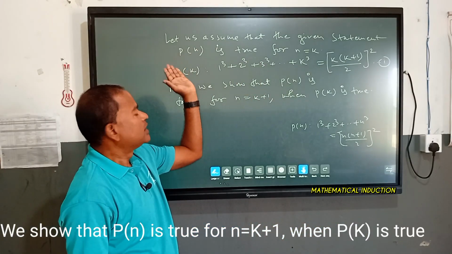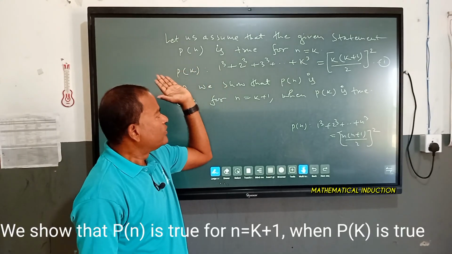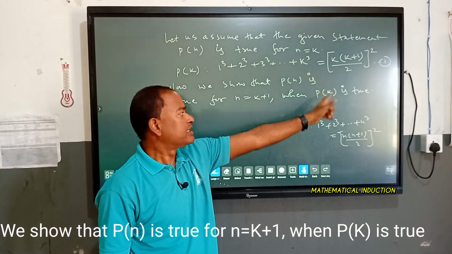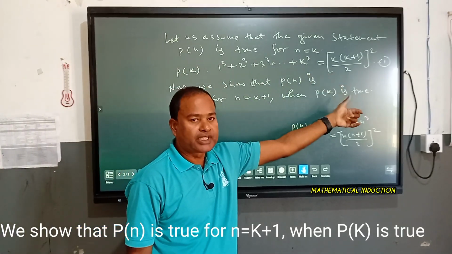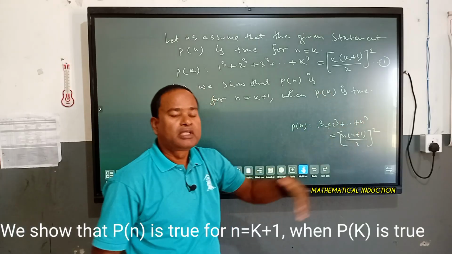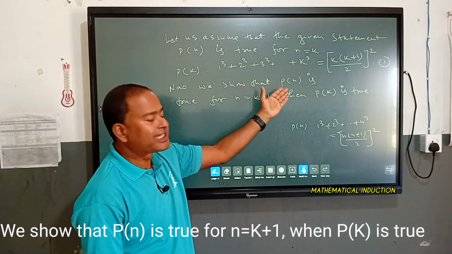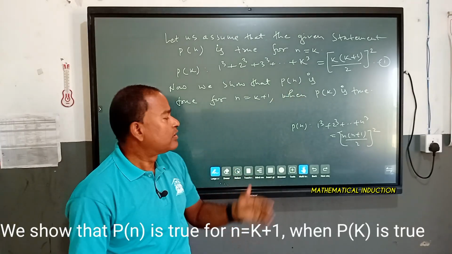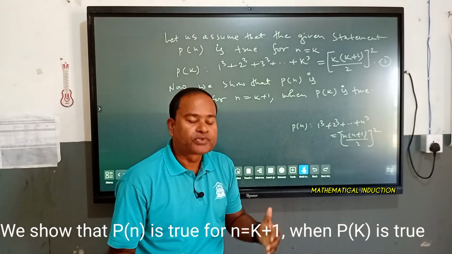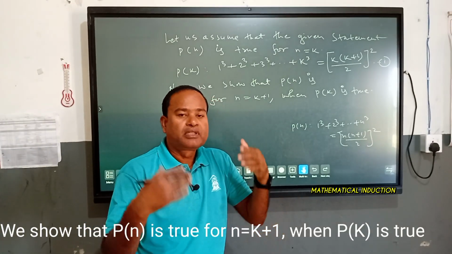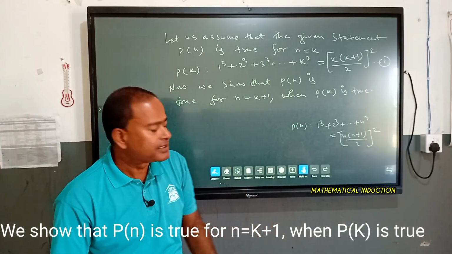That means if we suppose that the given statement is true for n equals k, that means if Pk is true, then we show that the given statement is also true for n equals k plus 1. So this is the third step of the principle of mathematical induction.